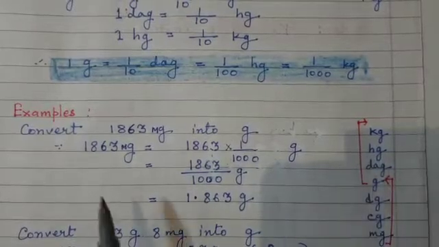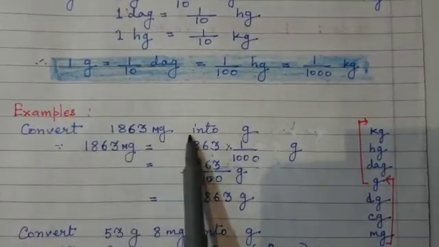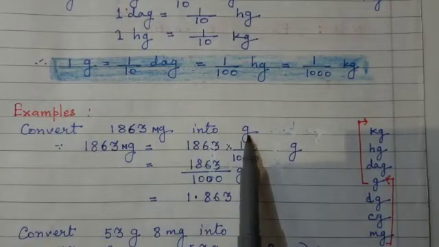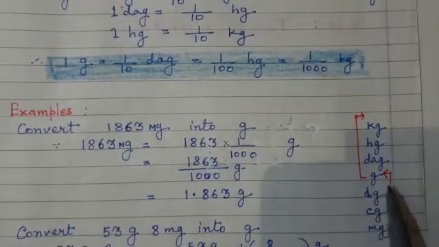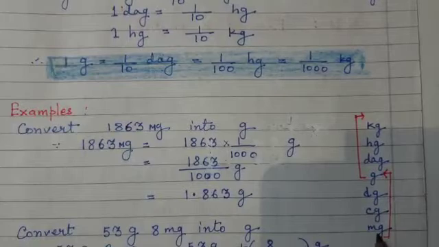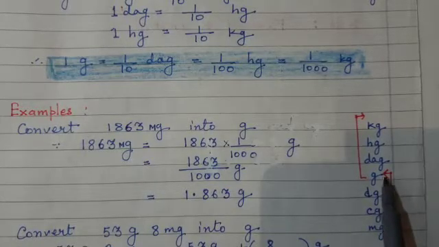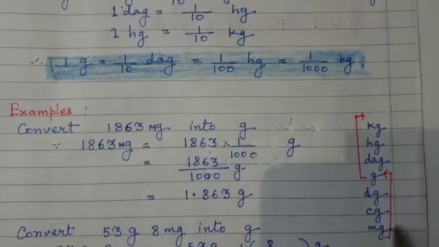Now look here, 1863 milligram to gram we need to convert. See the ladder: kilogram, hectogram, decagram, gram, decigram, centigram, milligram. And we need to move in the upward direction. Upward means lower to upper unit. Therefore, the operation will be division. This is a very important concept.